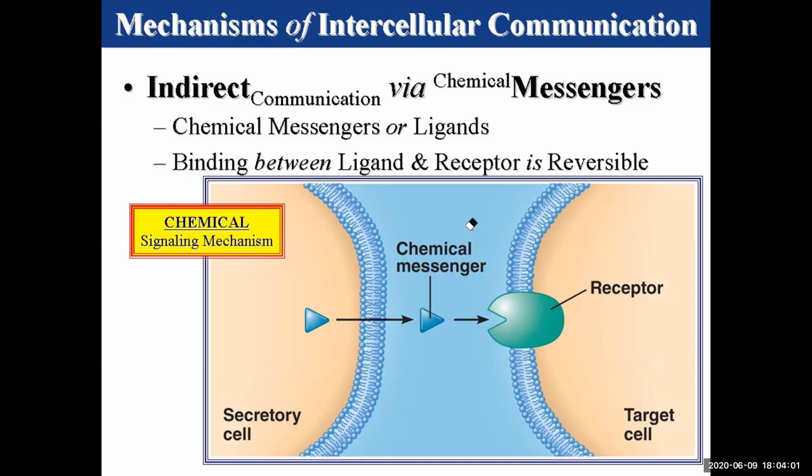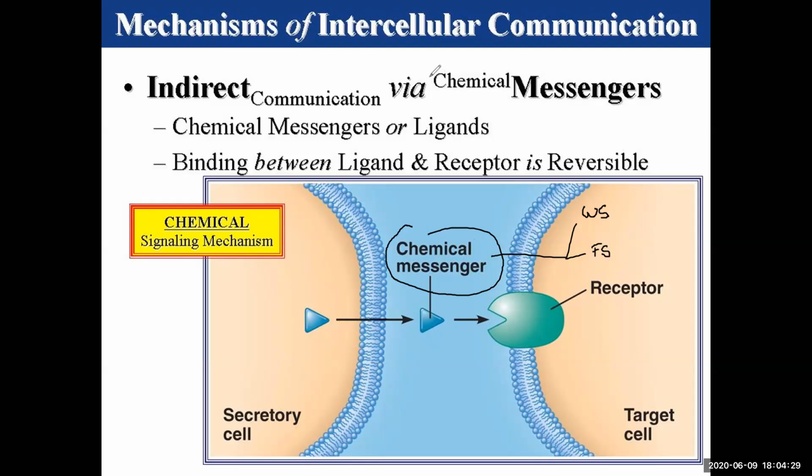And we're going to learn later, when we talk about a chemical messenger here, we need to know whether that chemical messenger is water soluble, so WS for water soluble, or fat soluble, FS, right? So WS, water soluble, FS, fat soluble.